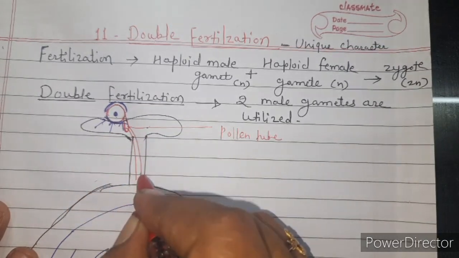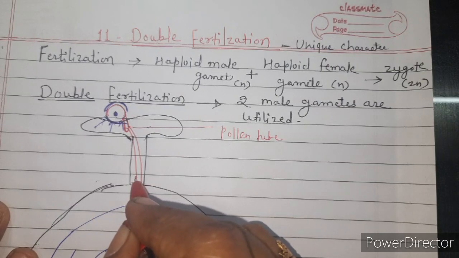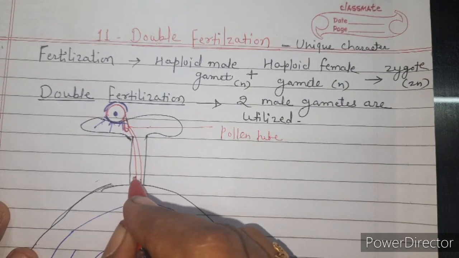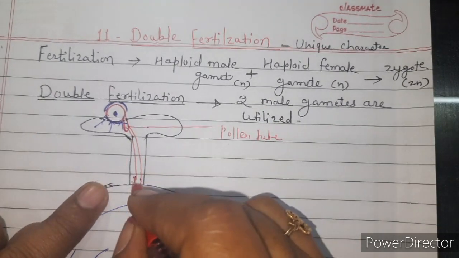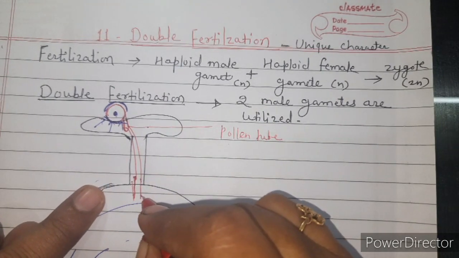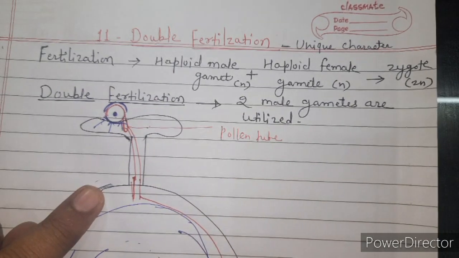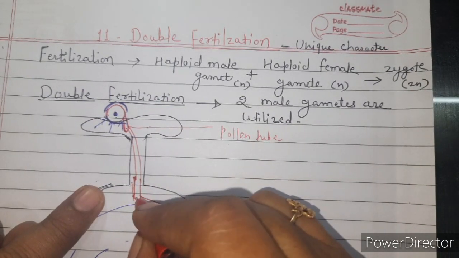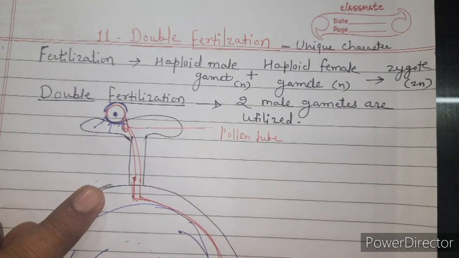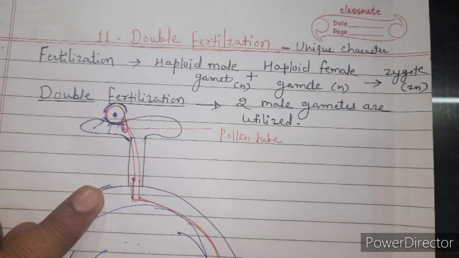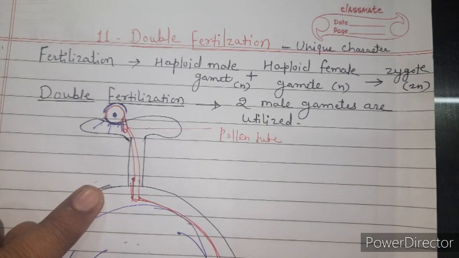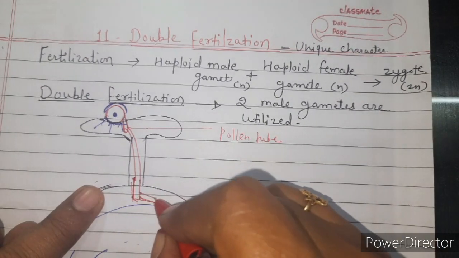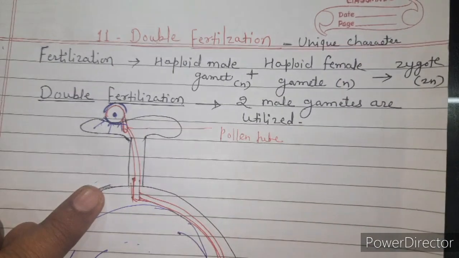The pollen tube enters the style, then it enters the ovary, and slowly grows towards the ovule like this, and generally it enters through the micropyle. So, this is about the growth of the pollen tube.